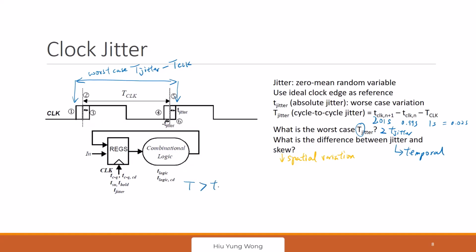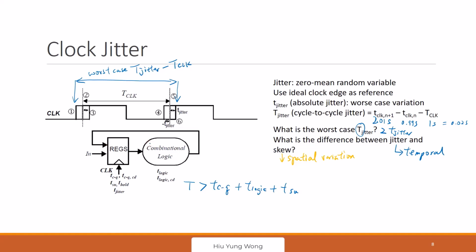Same, right? Although this comes from myself, it's still just like going to the other person. Clock to Q: first, I need to take the previous data to here, plus my logic delay. Again, I need to have the correct setup time so that I can go to the next clock cycle to copy it, right?